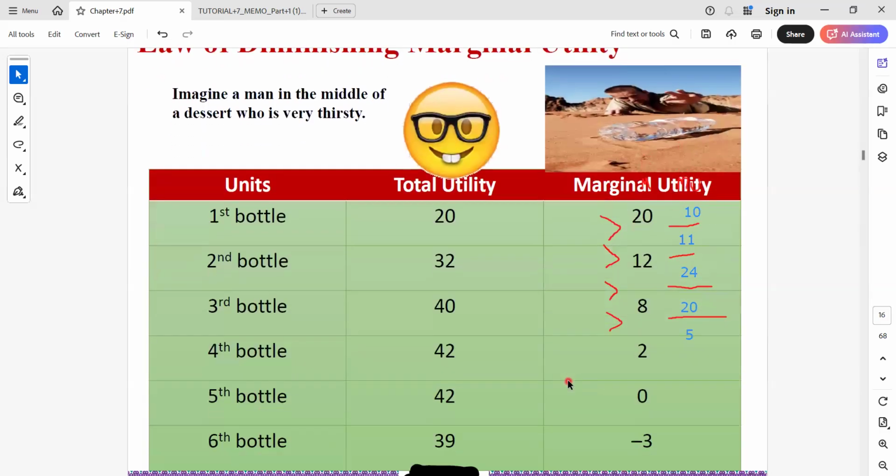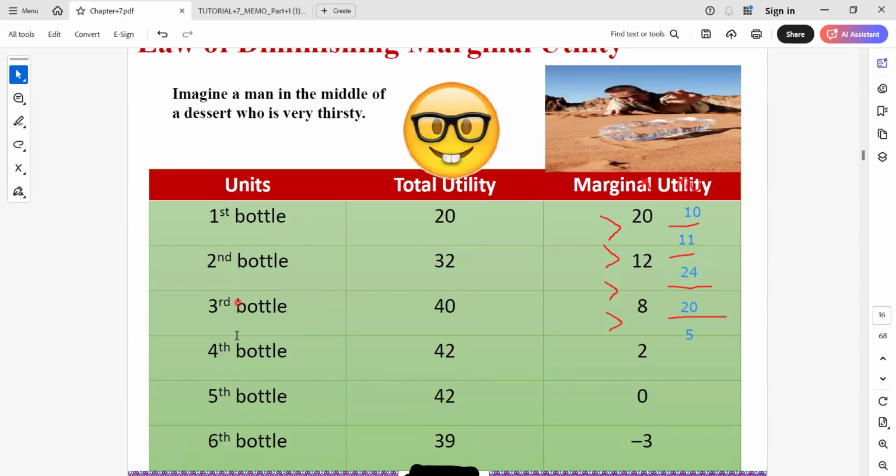Because this is basically saying, see, this is the first unit, this is the second unit, this is the third. It's not like these are 2 units, these are 3 units. I said 1 plus 1 plus 2 plus 3. The total units here is 6 because you ended at the sixth bottle. So you're going to say 39, which is your total utility, divided by 6. Do you guys see where I went wrong?